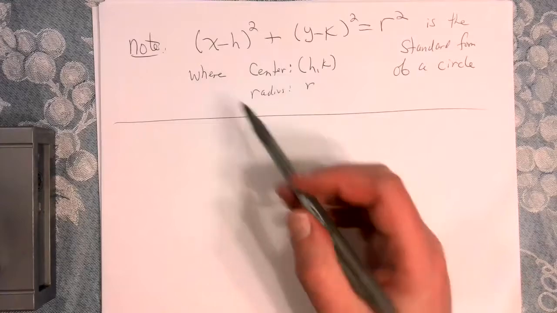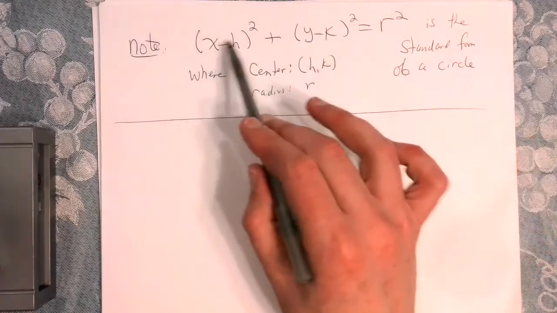There is a second form. You basically get the second form just by multiplying everything out, by squaring everything out.